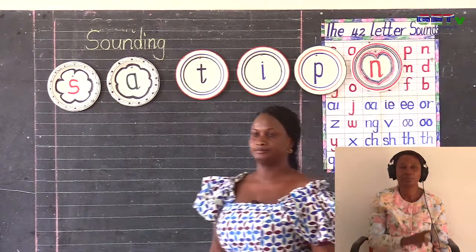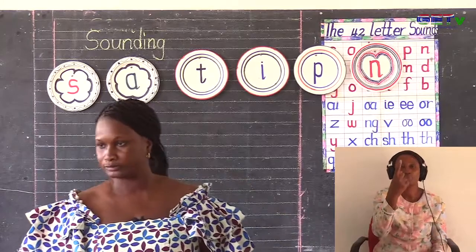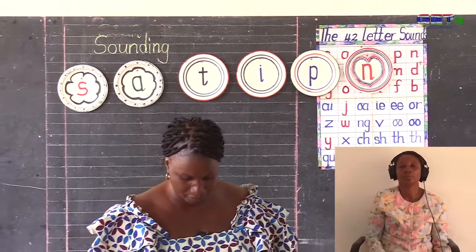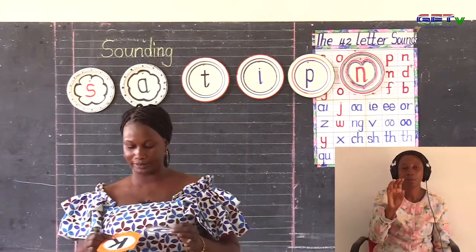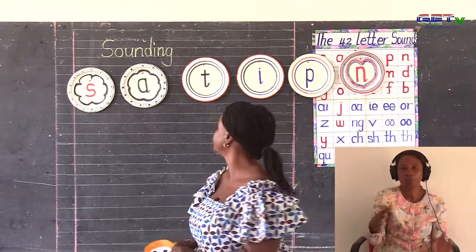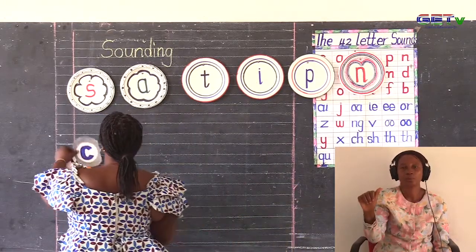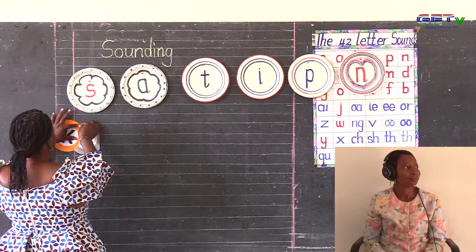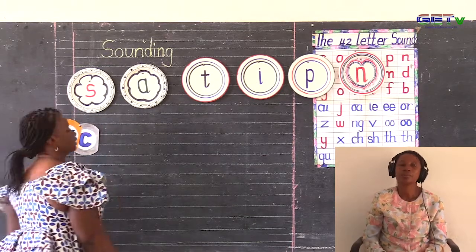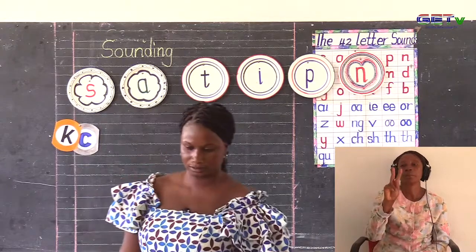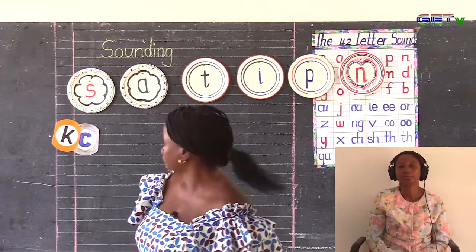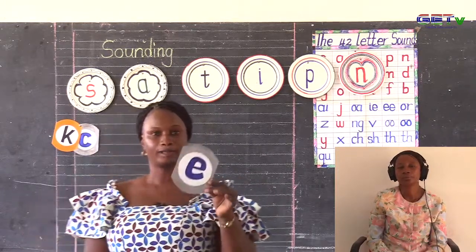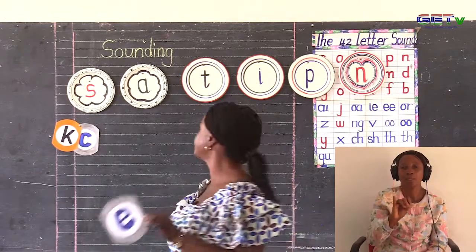Now we have the sounds in the first book. Now we are going to look at book 2, where you have k, two sounds coming together. That is the C and the K. We have e. Sorry, I didn't tell you the sound. This is e, e, e.